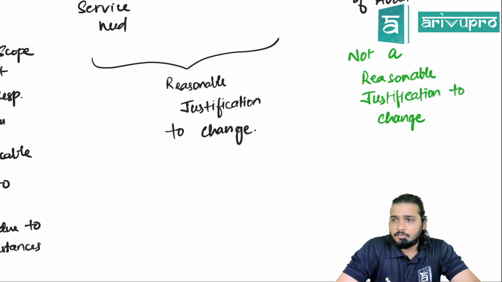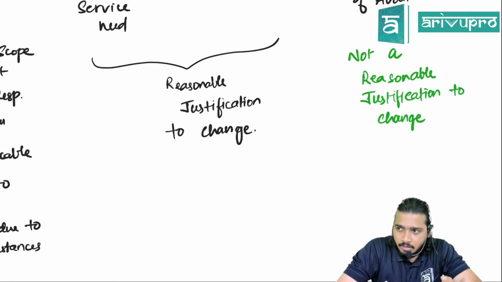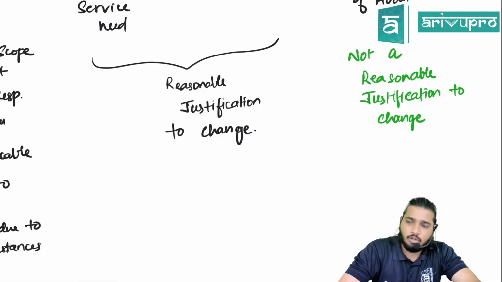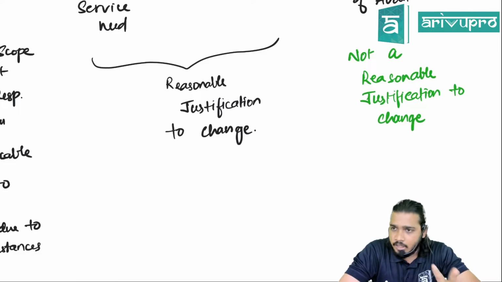Okay, now listen. Now from here, don't copy. Okay, just try to see the flow, then you copy. Now only 2 reasons are reasonable justification for us so that we can change the engagement.